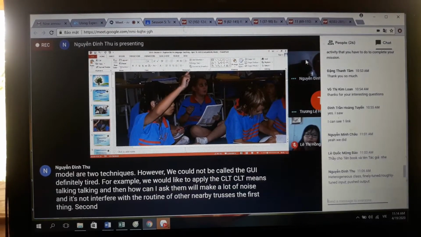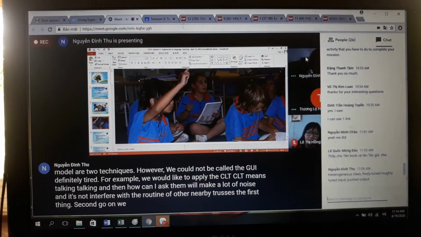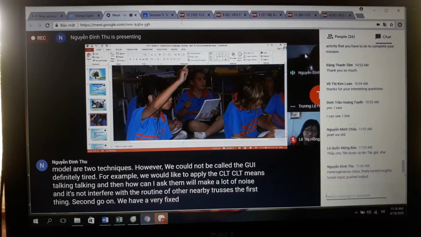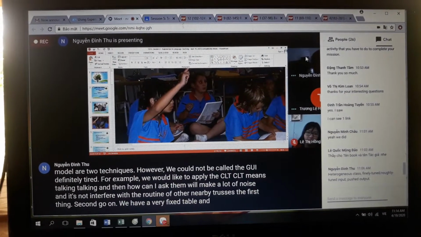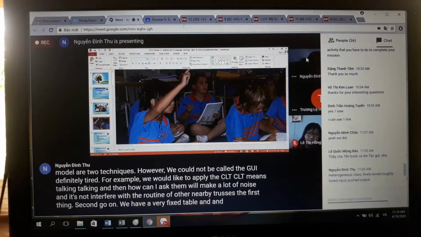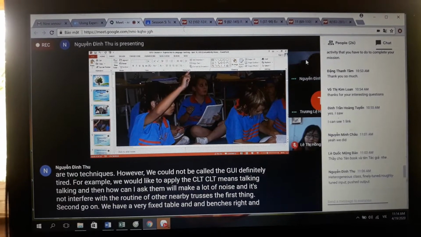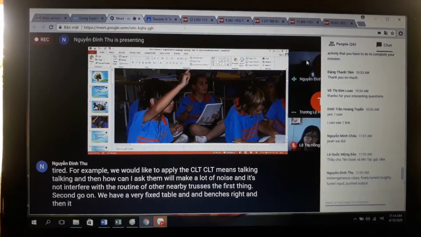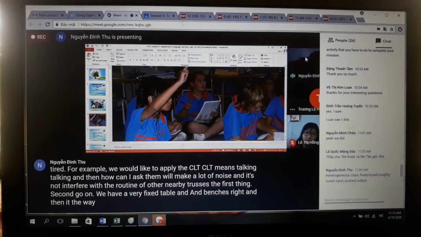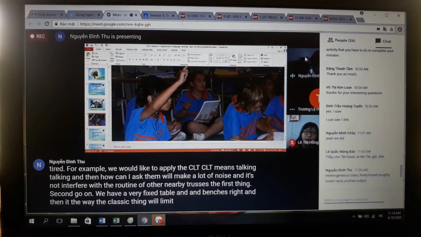Second, we have very fixed tables and benches, right? And the way the class is seated will limit the activities in the class.